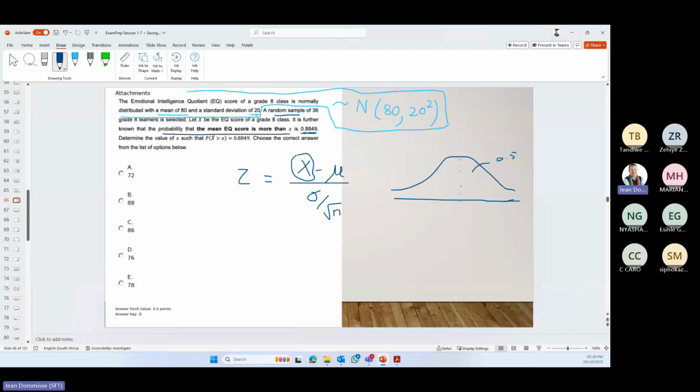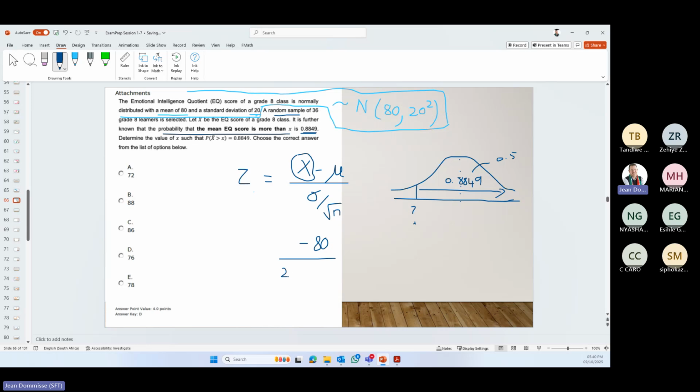So it's more than that, it's 0.88. So somewhere here, we're going to have that whole area is 0.8849. Okay, so they want us to work out what that is. So let's just put in a few numbers before we go to the Z. So there it's 80.